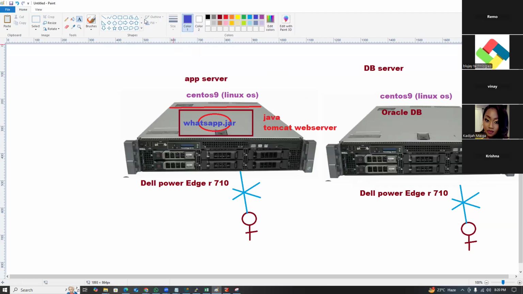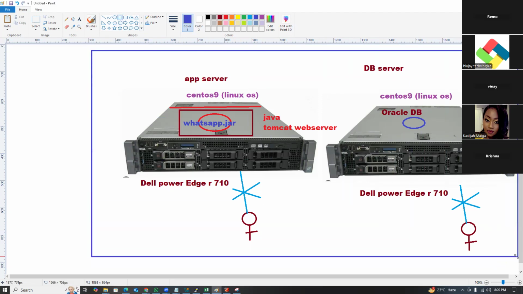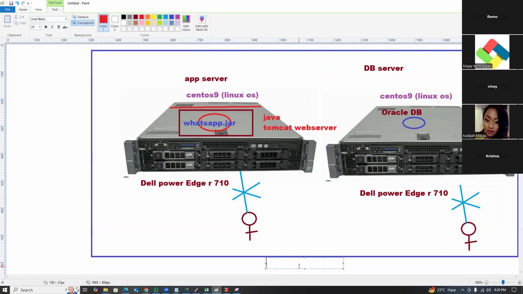So this is your database, and your sign-in storage will be here. You bought these two servers and keep them in our home, and you provided the network and power. But in our home, you have only one power backup and one internet backup.